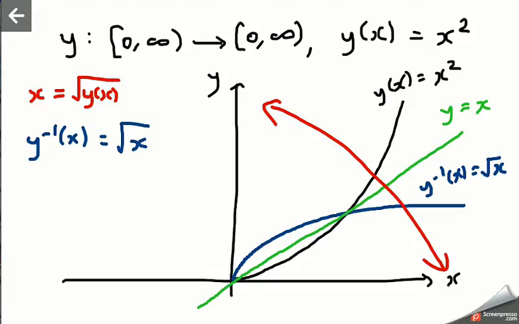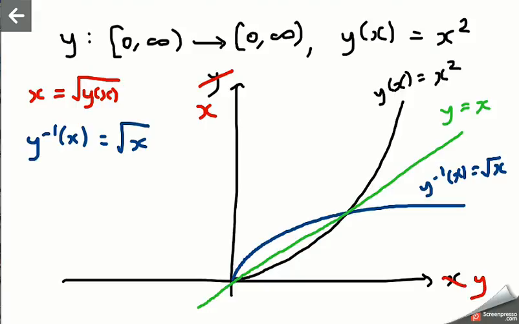Imagine turning everything over, but we can still see the axes as we turn. Well, that's just going to pretty much result in everything being the same, except the only difference is this y-axis will become the x-axis, and this x-axis will become the y-axis. That's going to be the only difference.